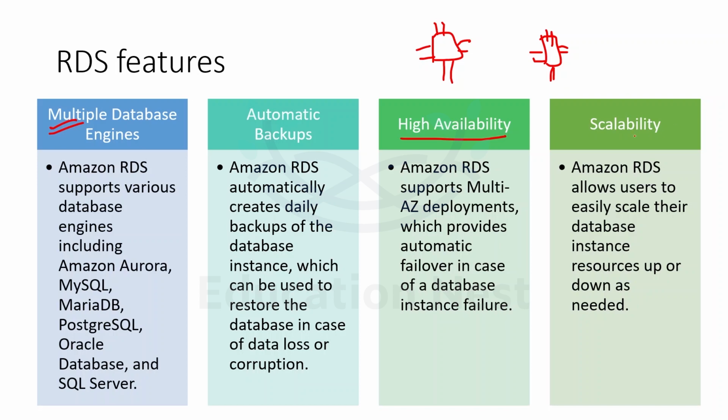And we have to maintain scalability as well: if the load on the database increases, then we have to increase our instances in the unmanaged environment. But when you use the managed environment, the scalability is taken care of by RDS itself. It can scale up and scale down as required.